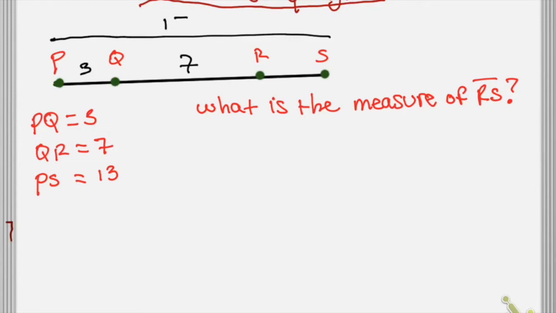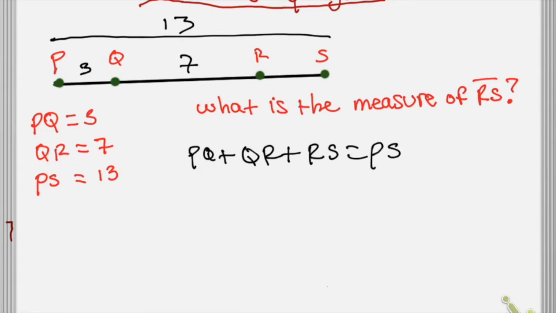Well, what is the measure of RS? Well, this is simple because I know that PQ plus QR plus RS equals PS, the whole entire segment, right? I can just add those parts.